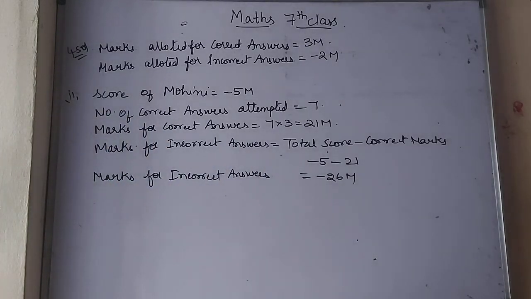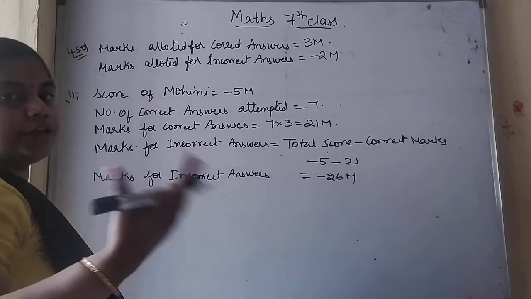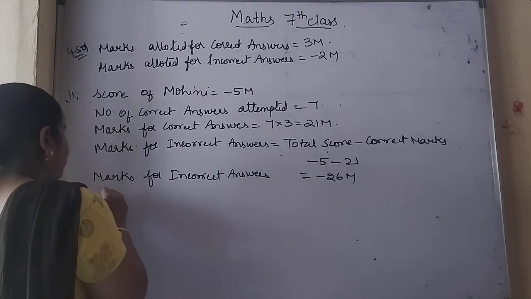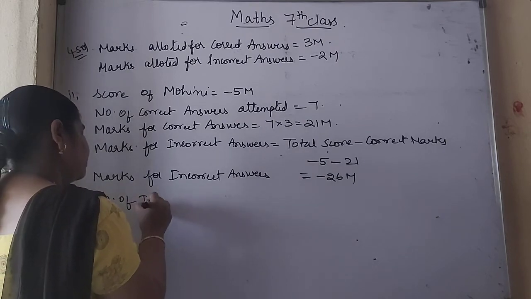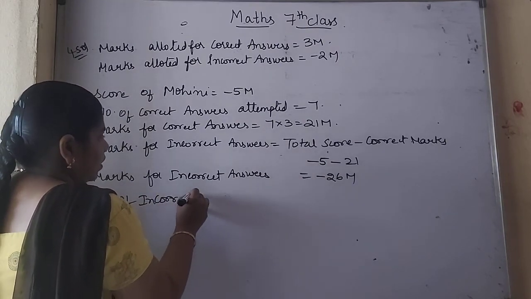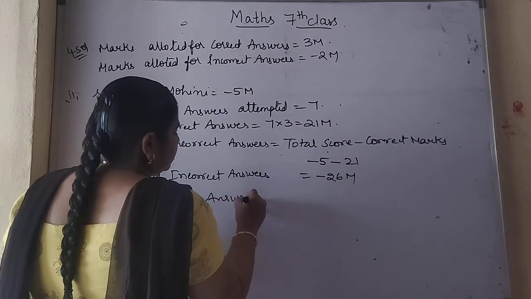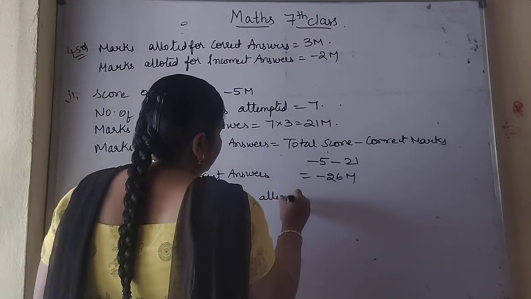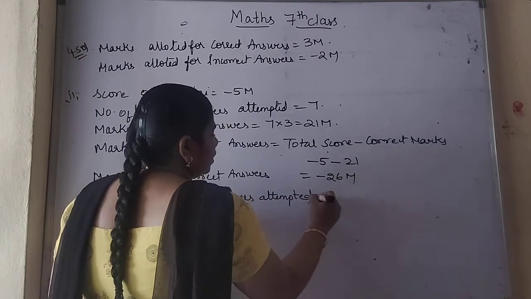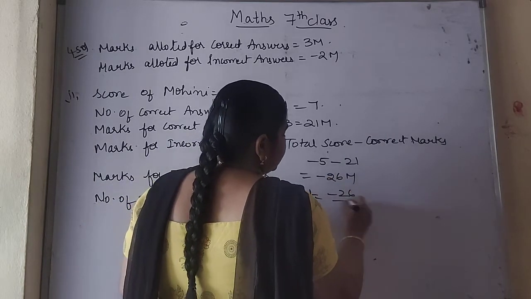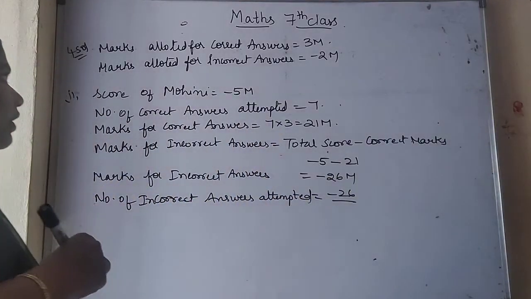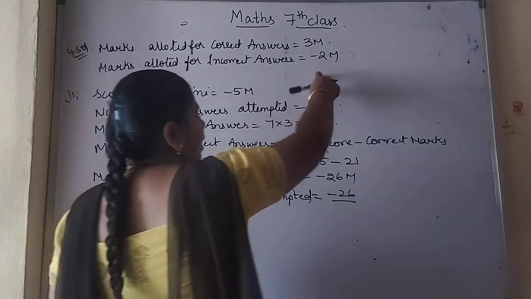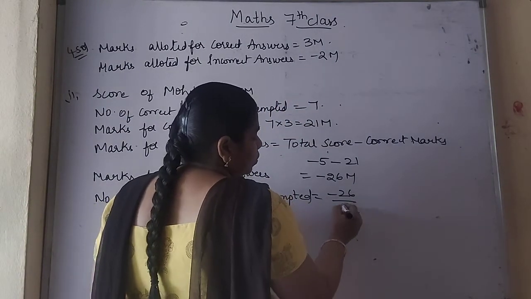So now what we have to find? We have to find how many incorrect answers she has attempted. So number of incorrect answers attempted is equal to minus 26 by, now for every incorrect answer they are reducing 2, so divide by minus 2.